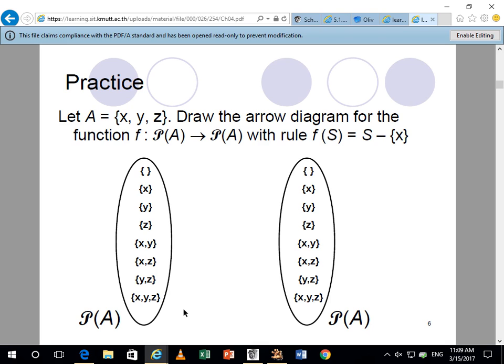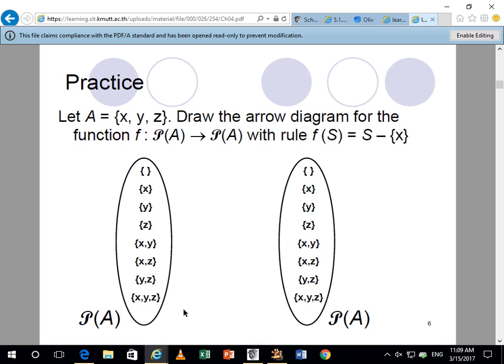Okay, so now we know what this is. The function we're mapping power set of A to power set of A. Domain, codomain. The rule is this. So now we have an algebraic expression. S is a set.